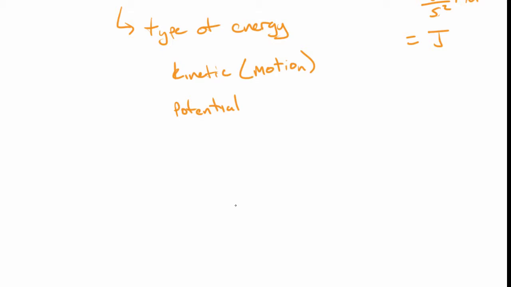What's that? Torsion? Torsion is more, I would think of as a rotational force. Maybe. I wouldn't think of that as energy. If I think what you're talking about, like twisting something, what you're thinking about is elastic potential energy. So we'll quantify potential. There's different types of potential energy.